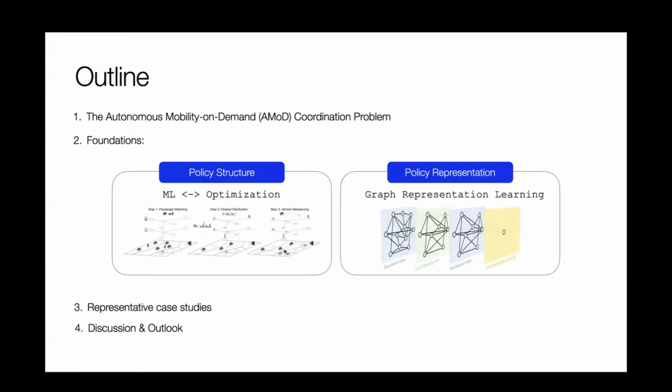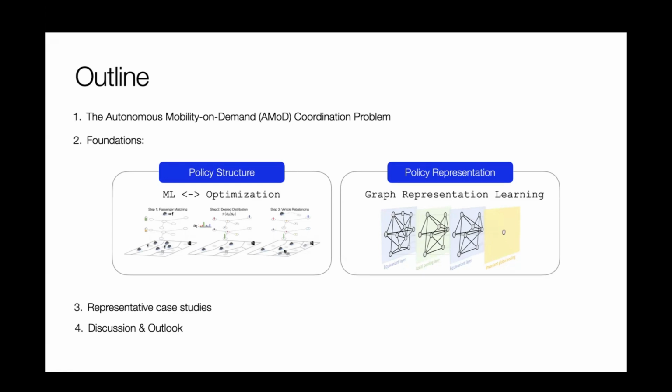So the outline for this talk is that we will quickly fly through again the AMOD coordination problem. And then we will introduce foundational concepts of this methodology, which we call graph reinforcement learning, specifically around two main blocks. The first one is the policy structure. We will describe a policy structure that allows us to leverage the best of both worlds between machine learning, specifically reinforcement learning, and optimization-based methods.